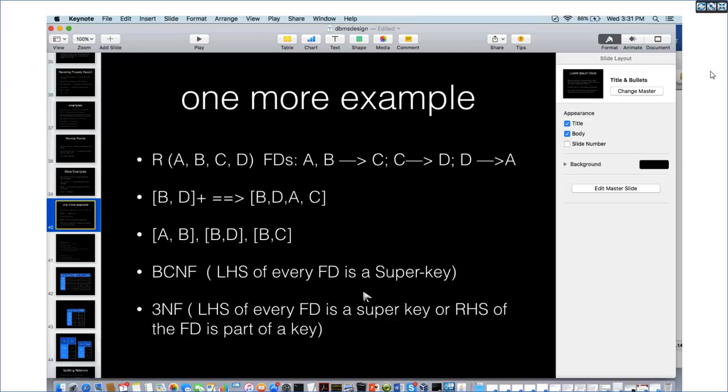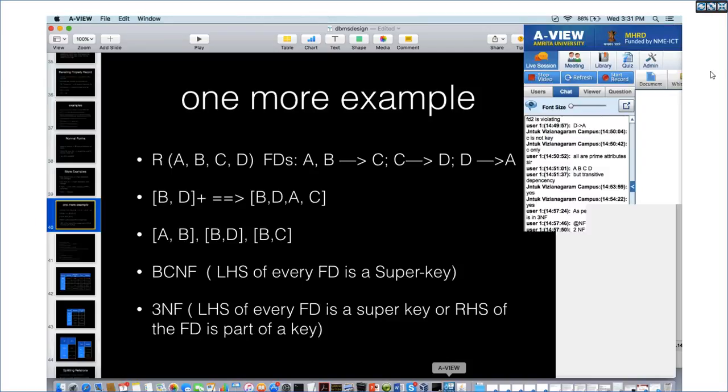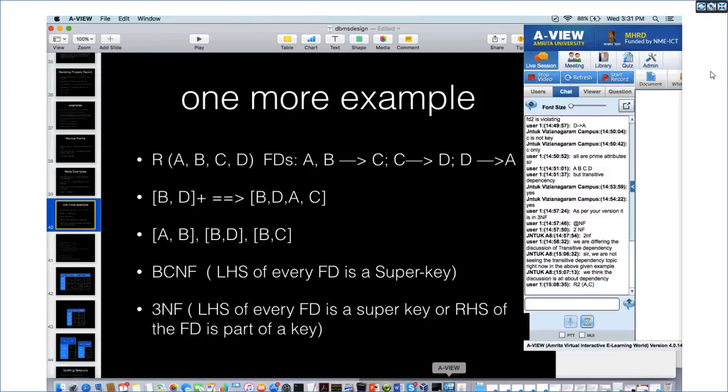We'll come back here and revisit this slide alone. Keep this slide in mind. When I do the FD closure, I will do this part again. Keep this part pending.